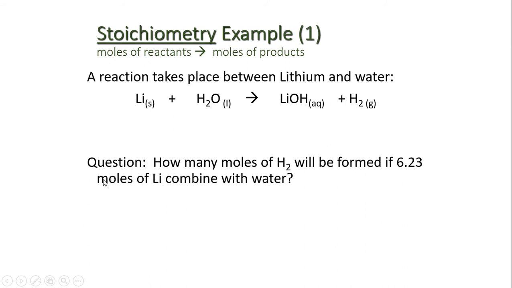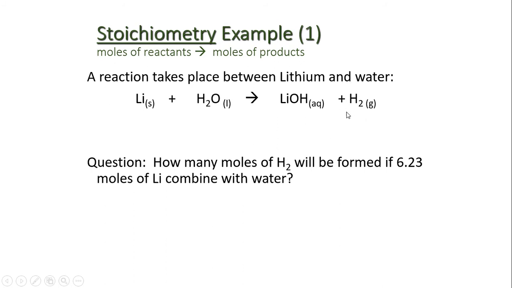So we have here a question. How many moles of H2 will be formed if 6.23 moles of lithium combined with water? So how many moles of H2? As you can see, H2 is in the product.